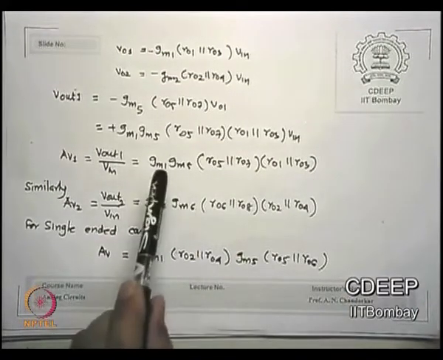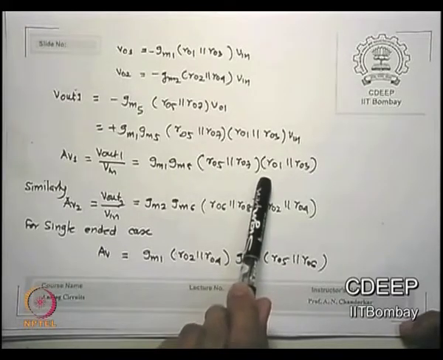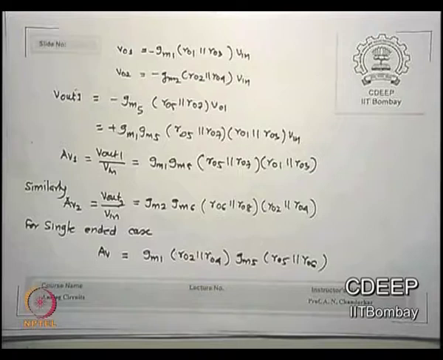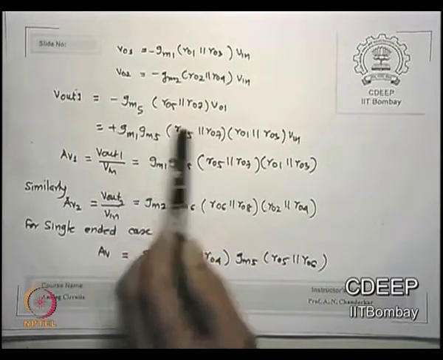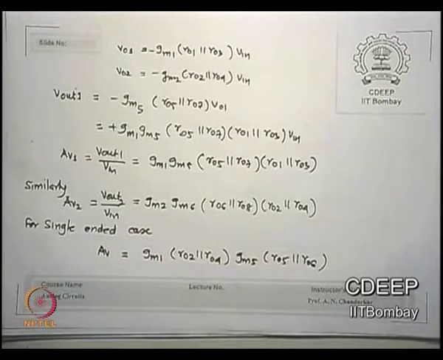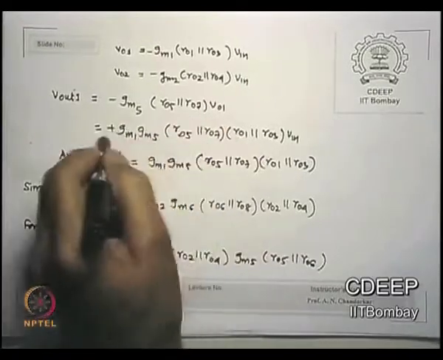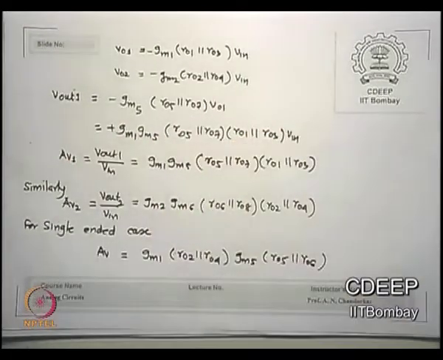Please remember the gms are getting multiplied, and the ros are getting multiplied. So essentially the two gains, A1 and A2, we are multiplying, is that correct? This part is A1 and this part is A2. Is that clear? gm5 into this is the A2 gain, and gm1 into ro1 parallel ro3 is the A1 gain.